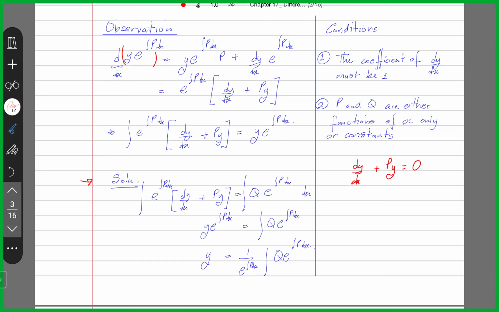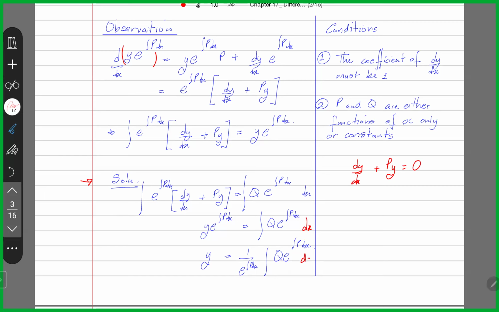When you integrate e to the integral of p dx in bracket dy by dx plus py, you're going to get y e to the integral of p dx, and this is equal to the integral of q e to the integral of p dx, integrating with respect to x.